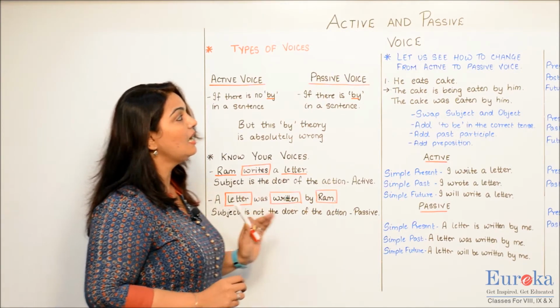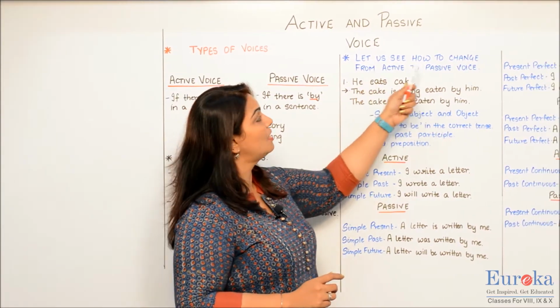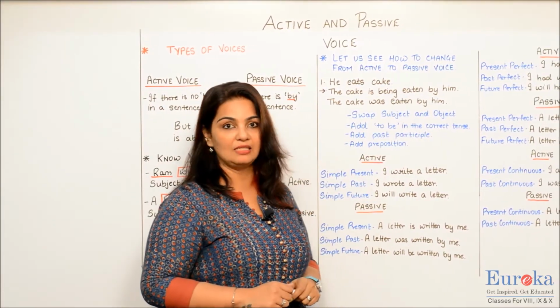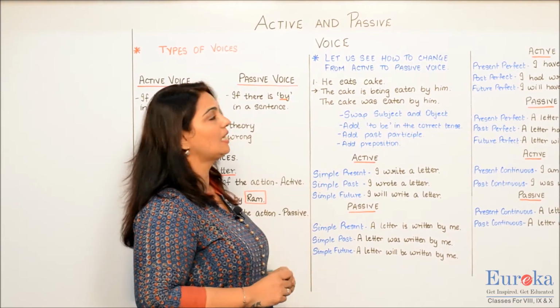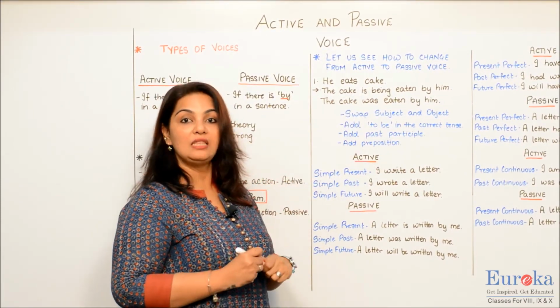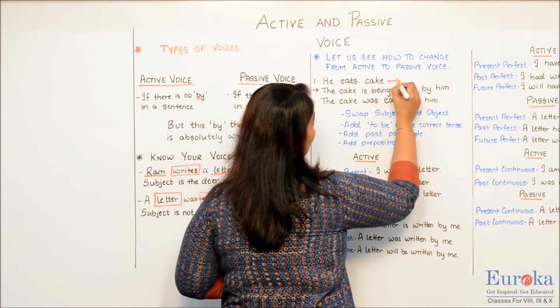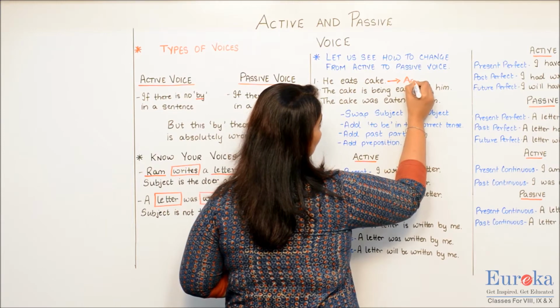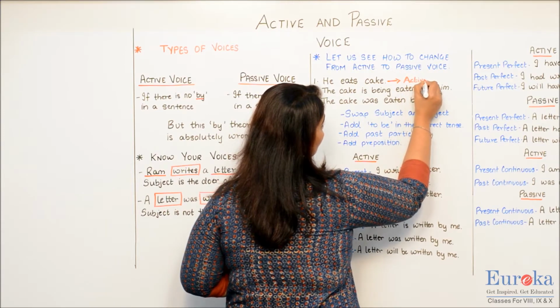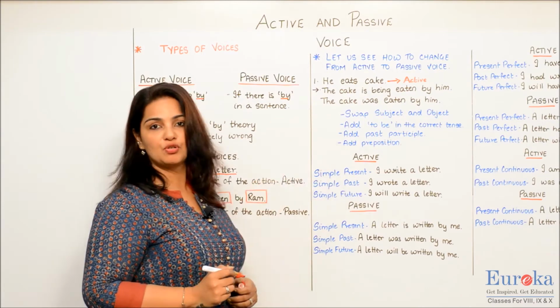So now let's see how we can change it from an active sentence to a passive sentence. Look at the example that is given to you. He eats cake. Now, this particular sentence again is an active sentence. We've been given two options.